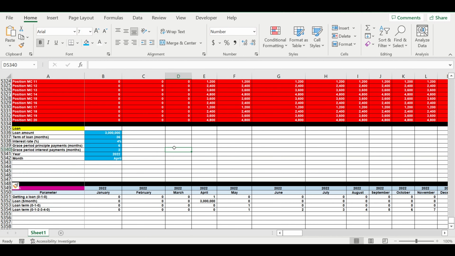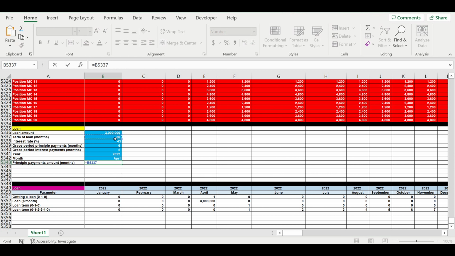So let's start with principal payments. Payments amount. We are taking the term of the loan minus grace period.